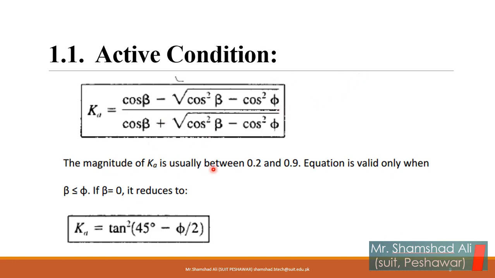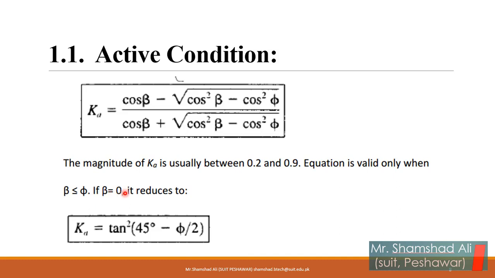The magnitude of K is usually between 0.2 and 0.9. If your answer is between 0.2 and 0.9, then your calculation is correct. The equation is valid only when beta is less than or equal to phi.